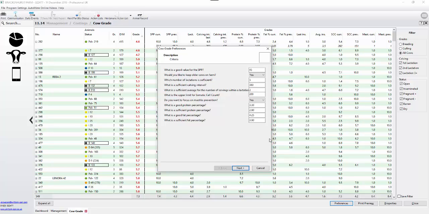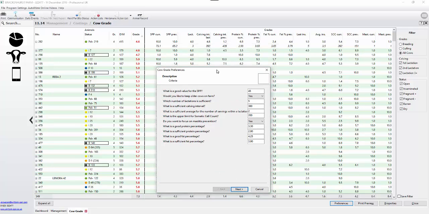So if they're below it, they're going to get a lower score out of 10. If they're above it, then they could achieve the perfect score of 10. So we're saying here a calving interval of 380 is acceptable. Well, here we can see she's over 380, so she gets a score of 4.8. The previous one, 428 days, she gets a score of 1.2.